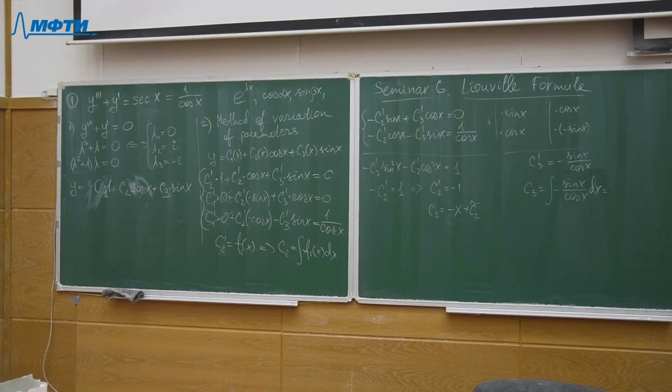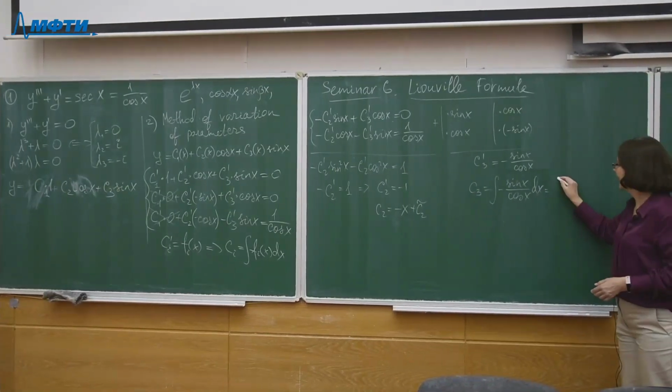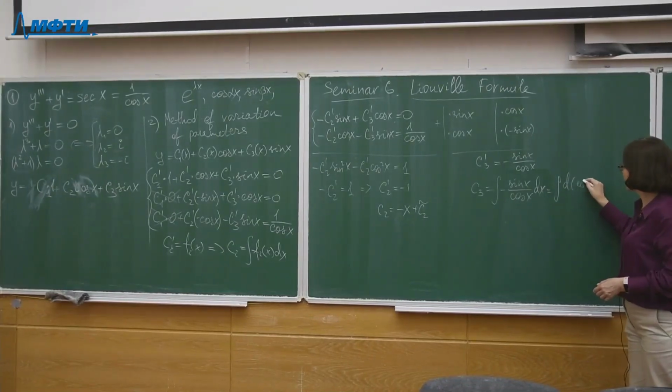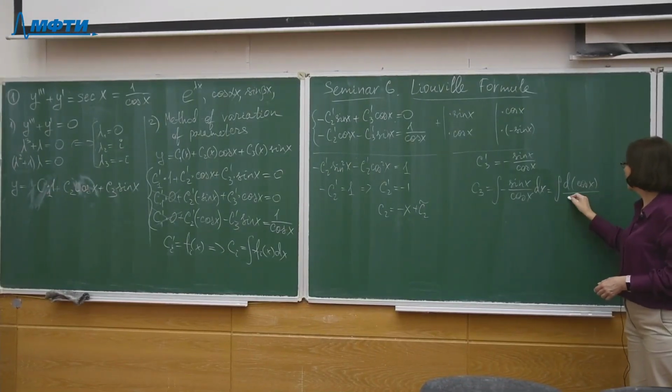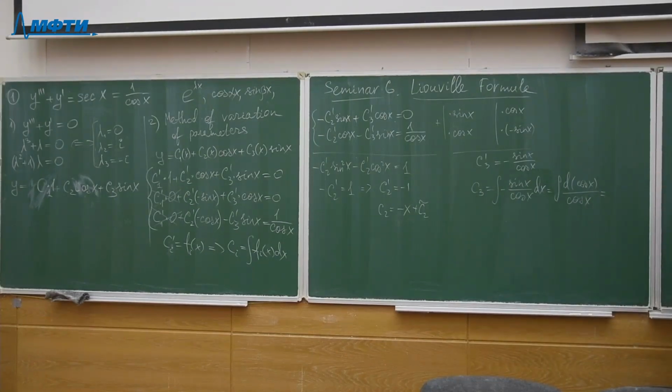It is the tangent, right? It is, but we should integrate it. This is d of cos x over cos x. And so it is the natural logarithm of cos x plus c3 tilde. This is the answer for c3.